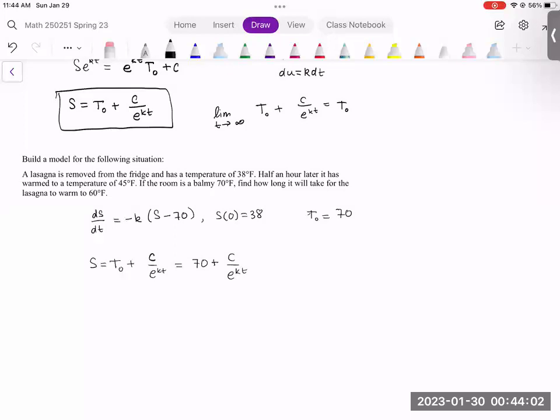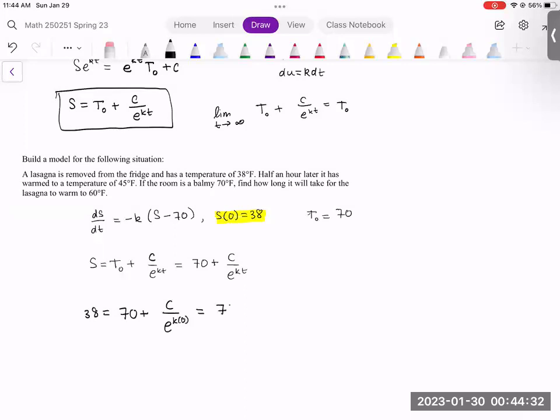Okay, so we're given some initial information. We are told this initial condition that at time 0, our temperature was 38 degrees Fahrenheit. So we're going to use this to find out the value for capital C. Indeed, we have that 38 is equal to 70 plus C over e to the k times 0.